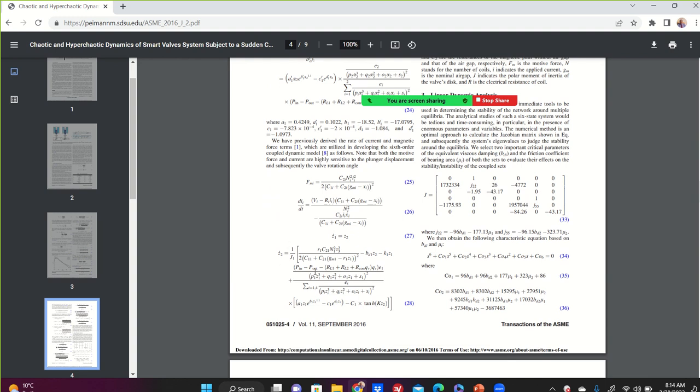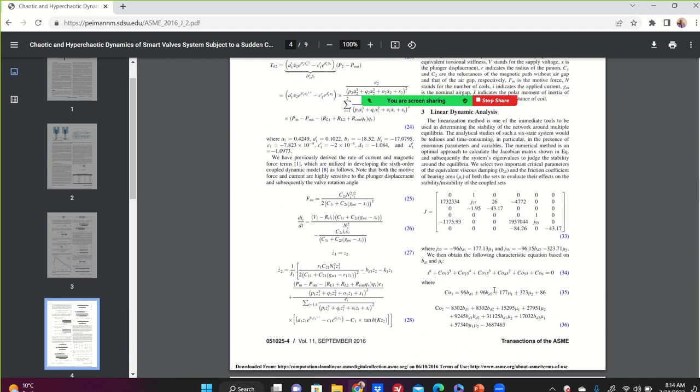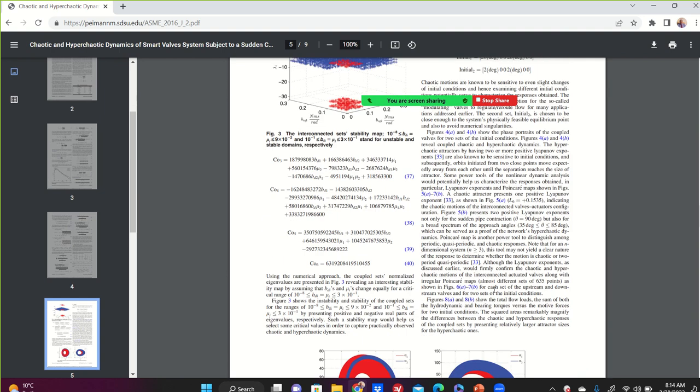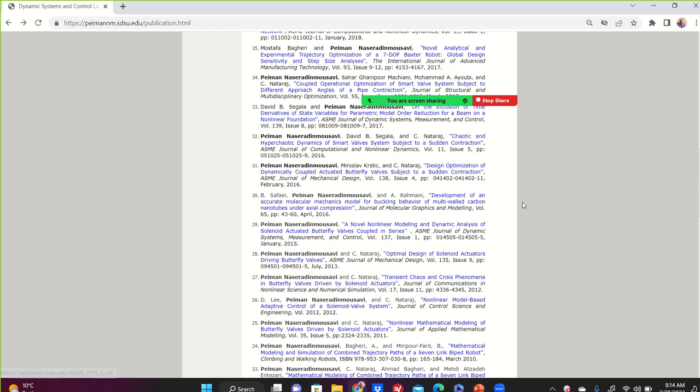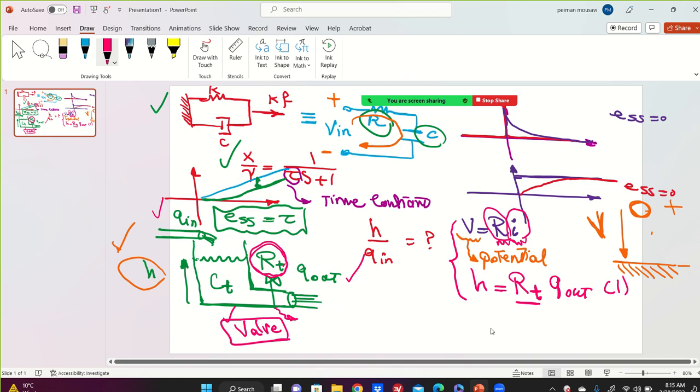Z1, Z2, Z2 dot is a nonlinear term based on the resistors or the valves. I just want to teach you that whatever I'm teaching you can be used in research eventually, in the linear domain, obviously. Okay? See what I'm saying? So, let's go ahead.